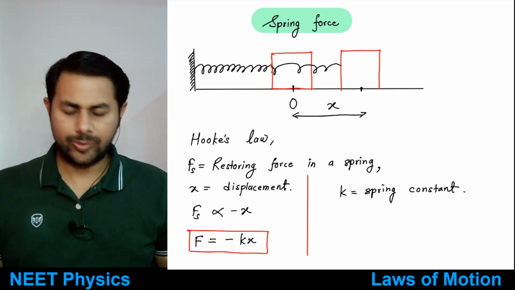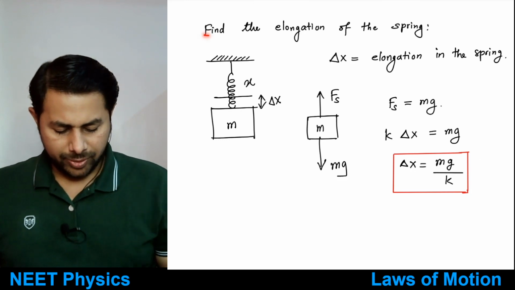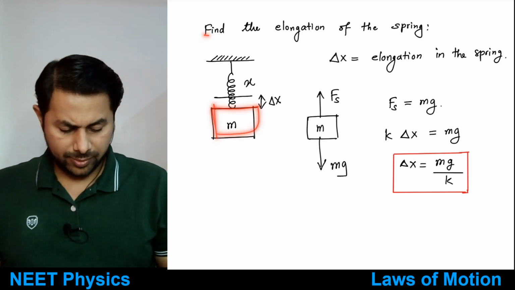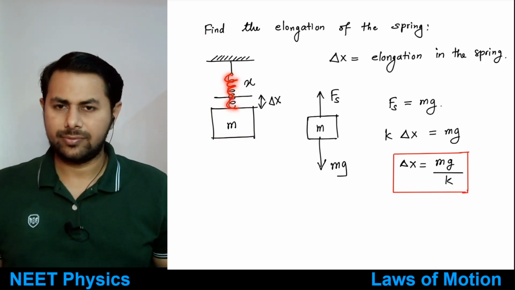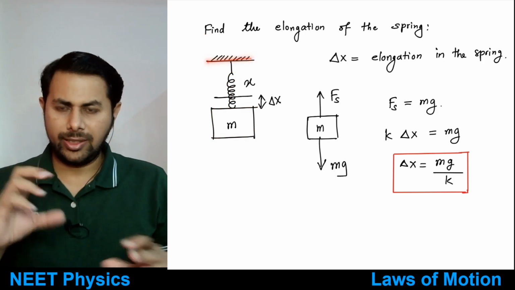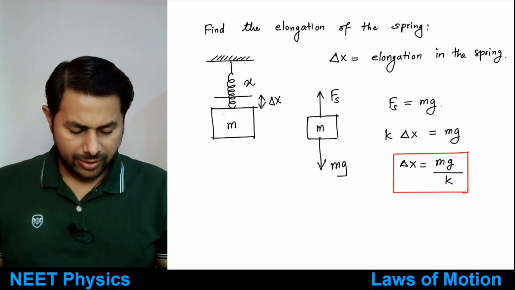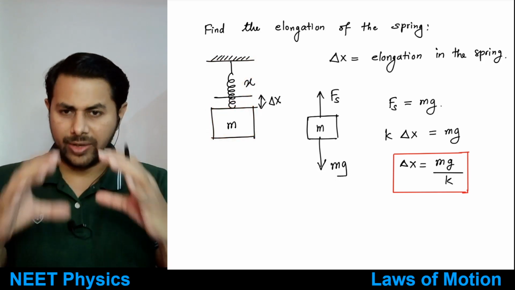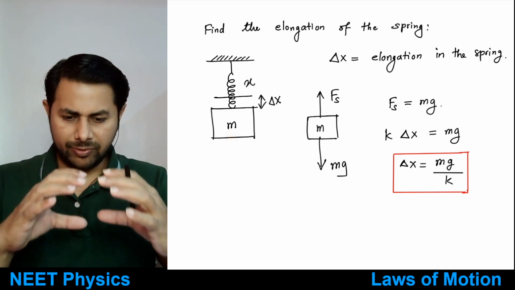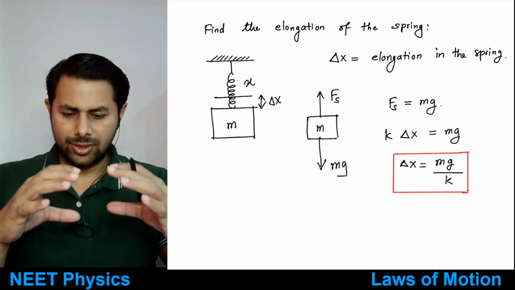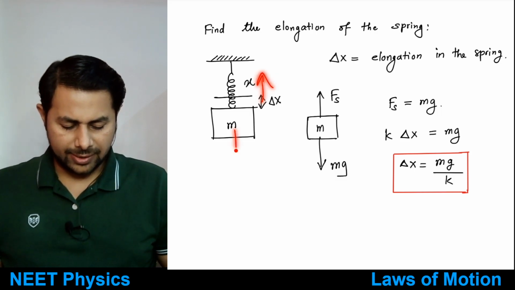There are some problems based upon spring force also. Now suppose you take some spring, and when the spring is not elongated, suppose its original length is x. If you connect some mass or weight to it, what will happen? The weight acts downwards, and that's why the spring will get elongated. This will keep on happening till the internal restoring force balances the weight.